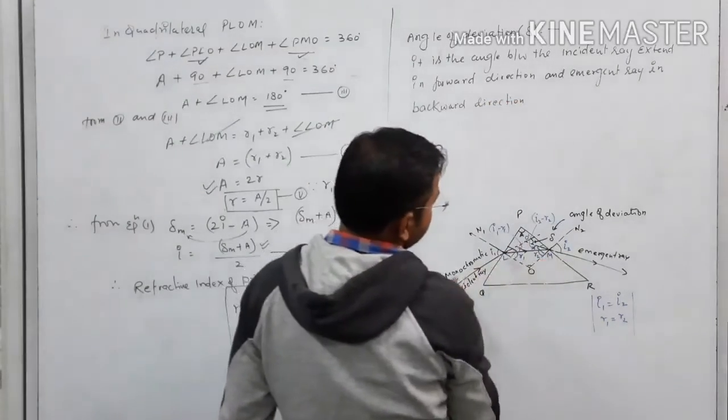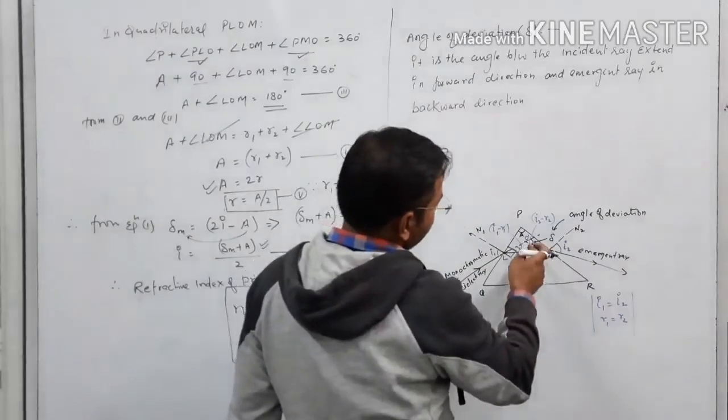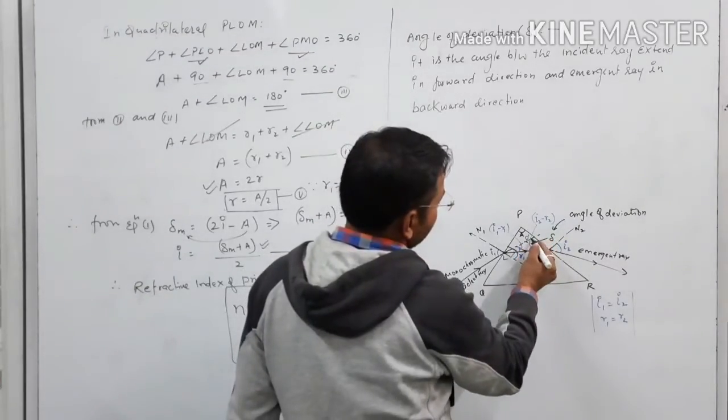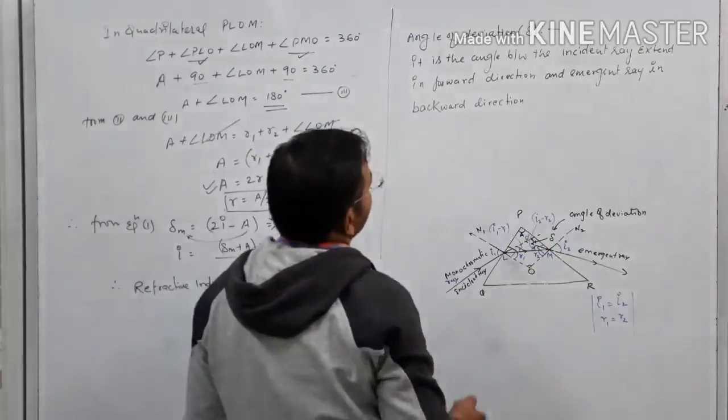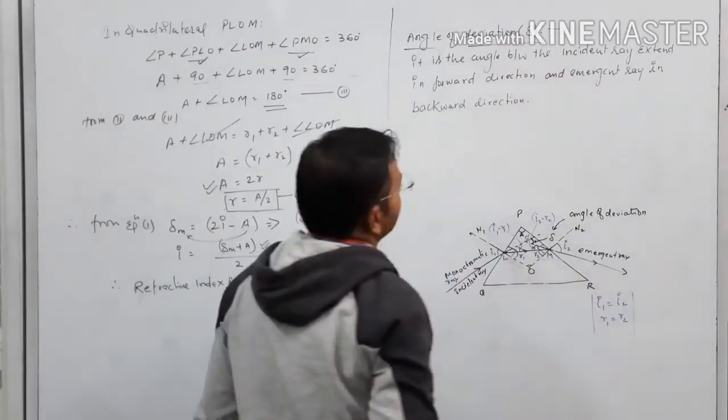These two rays intersect each other at a point. At that point we receive an angle, which is called the angle of deviation. It is denoted by del.